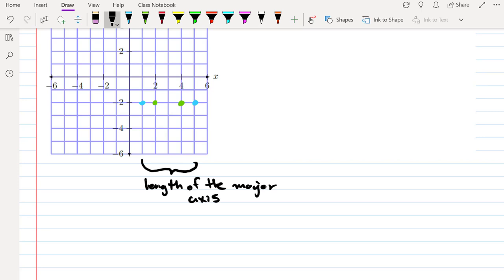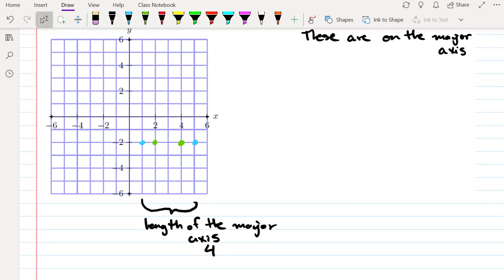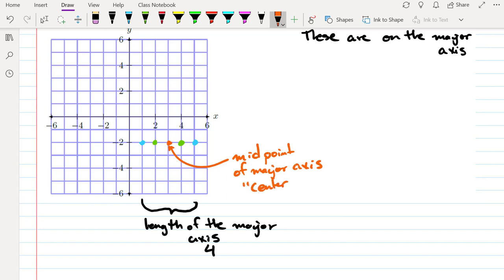So 1, 2, 3, 4 is the length of our major axis. The midpoint of the major axis is going to be, quote-unquote, the center of the ellipse.